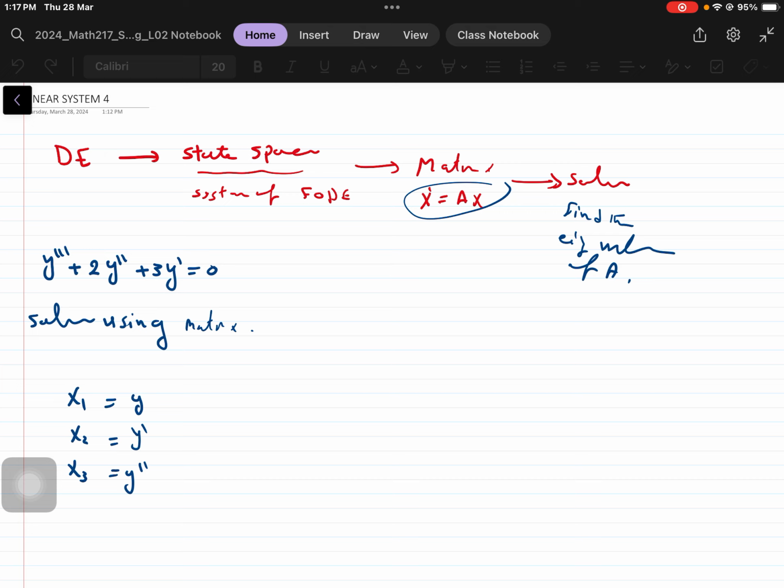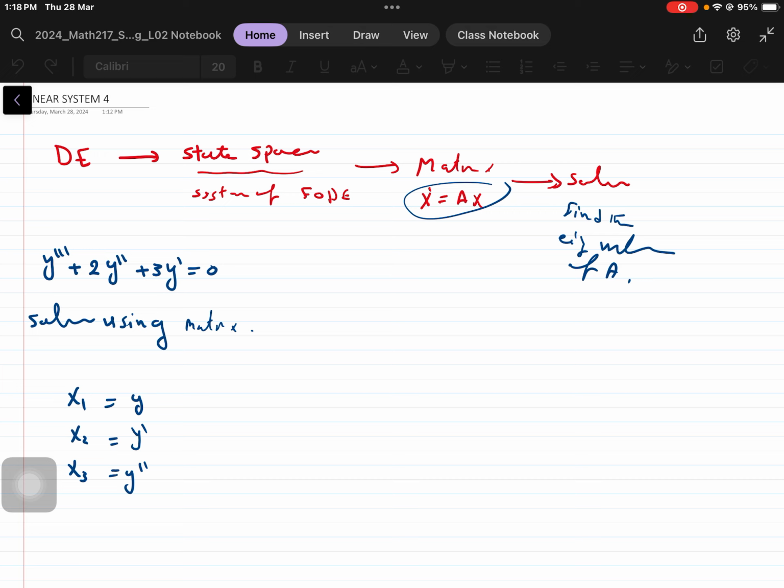Like in this system, the measurable quantities are y, y dash, and y double dash. We will give every one of these a name. These names happen to be x1, x2, x3. You could call them Ahmad, Muhammad, Mahmoud. Whatever, 3 different names. And the name will represent a state. So this is the state.